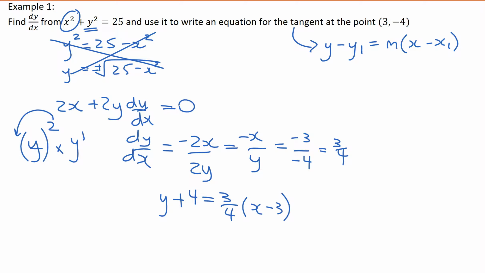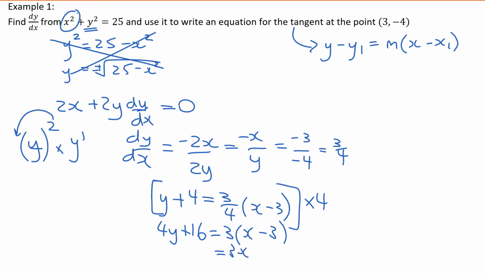Now, what do I do with these sort of equations? You guys remember from last time? Multiply the whole thing by 4 to get rid of that fraction. So 4y plus 16 equals 3x minus 3. Expand that out, that's 3x minus 9. Add the 9, that's going to be 4y.